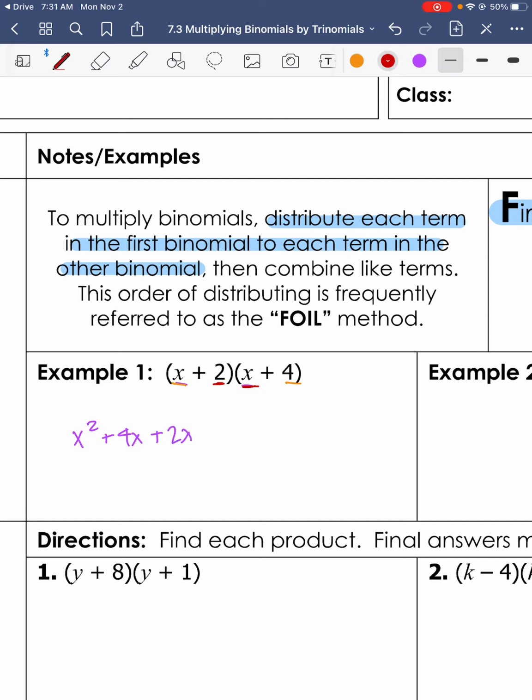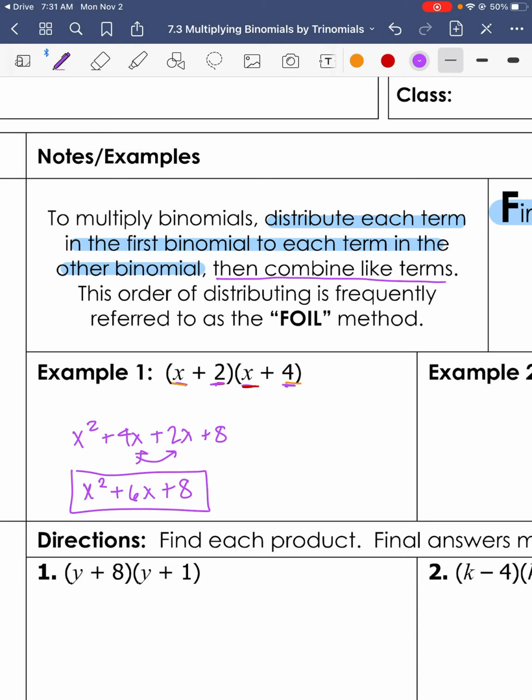And then our last two terms, which would be 2 and 4, which would give us a positive 8. And then it does say, then combine like terms. So we're going to combine this 4x and this 2x together. We get x squared plus 6x plus 8. And that is our final answer. We have multiplied the two binomials together, and this is what they equal.